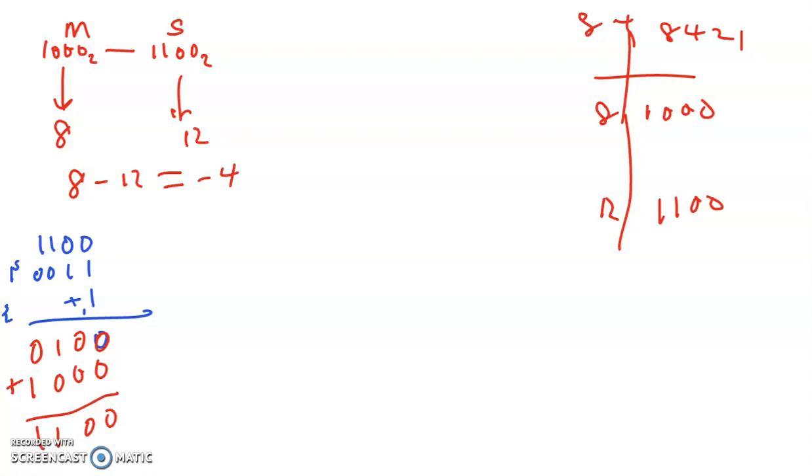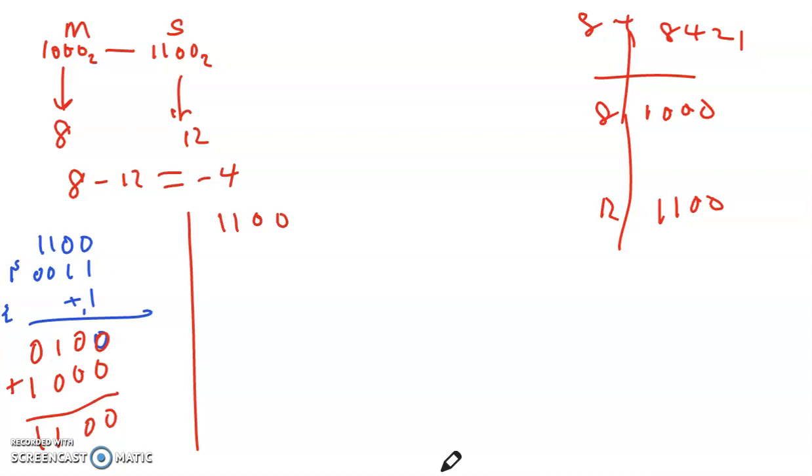Since we have 1, 1, 0, 0 here, we need to also find the 2's complement. We want to find again the 2's complement of 1, 1, 0, 0. If you observe here, we found the 1's complement: 0, 0, 1, 1, plus 1.